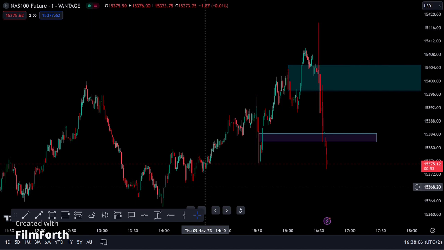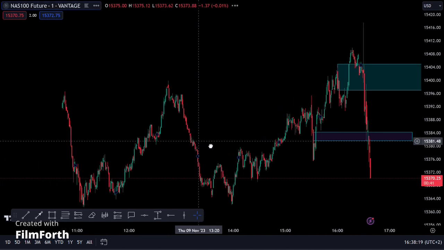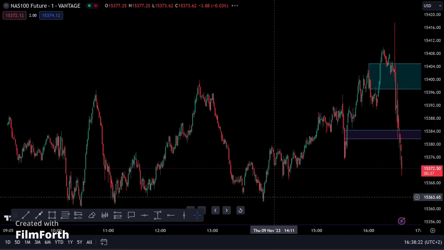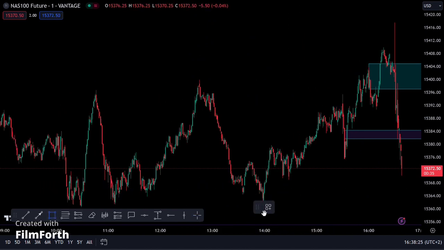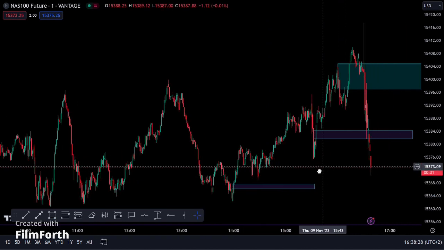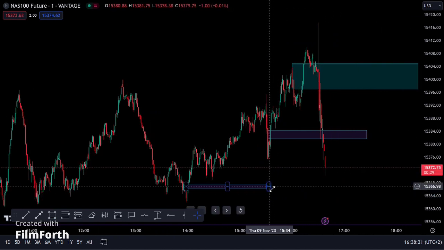Alright. I think I found my entry. I think I found my entry point. Looking at how price is behaving as a whole, I think I found my entry point.